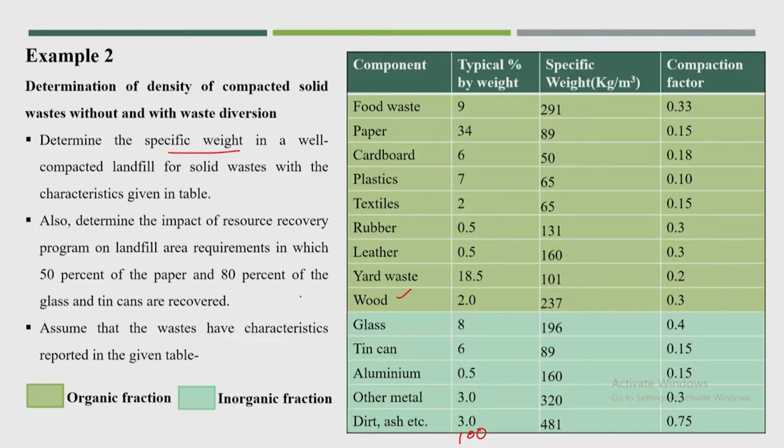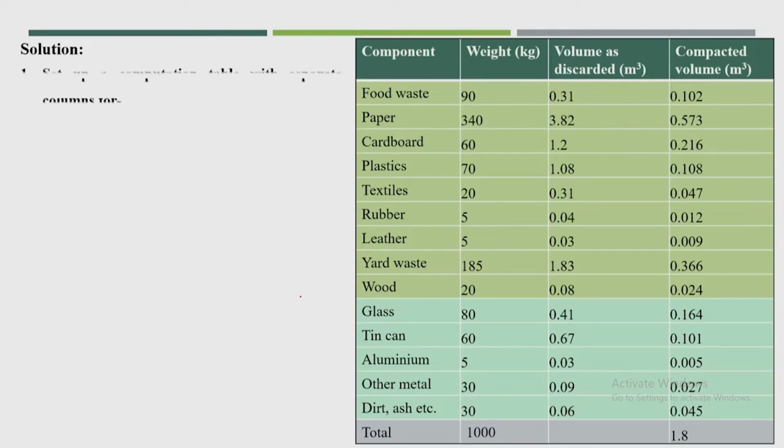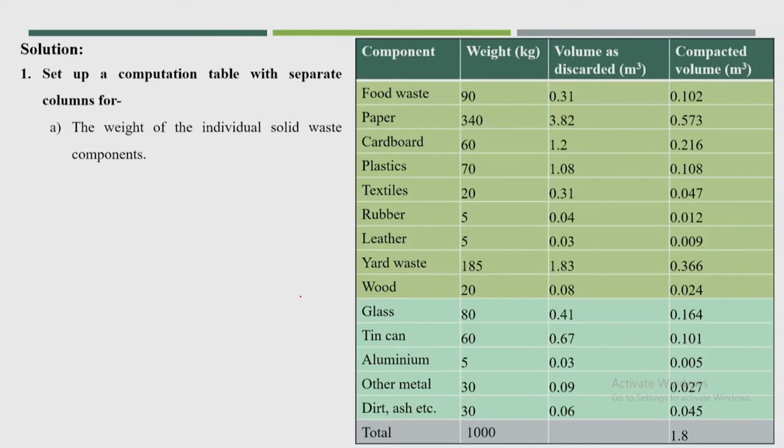First, we will take the weight of the waste. We will first calculate the weight of the individual solid waste components. Here, I multiplied each percentage by 10, and I assumed the total quantity to be 1000.